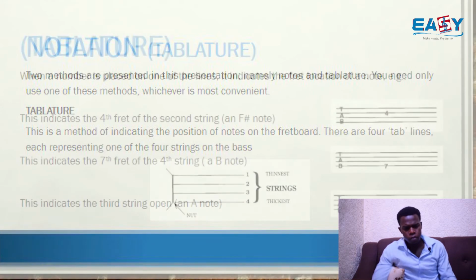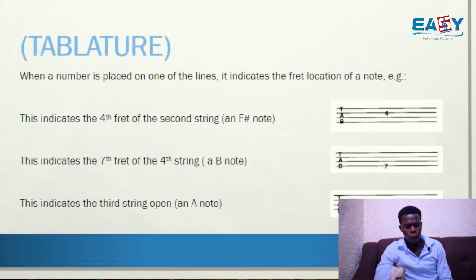So here we have three examples that show how we can indicate which note to be played on a tab line. The first one is indicating the fourth fret on the second string to give the F sharp note.